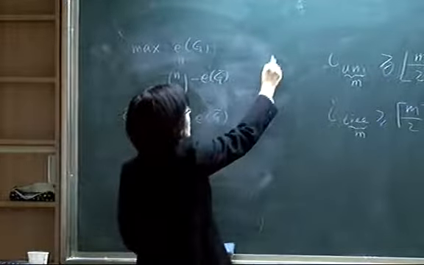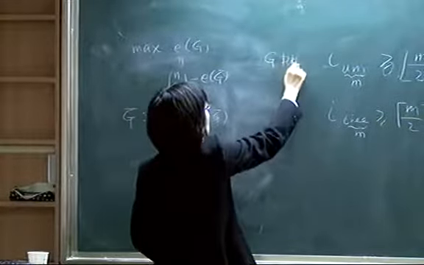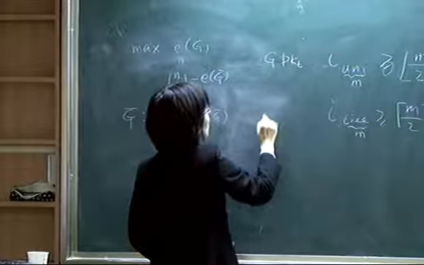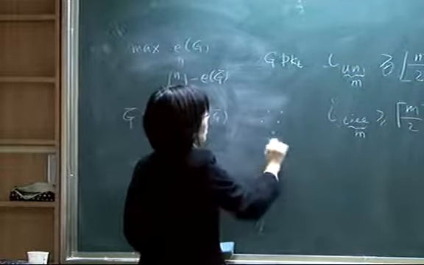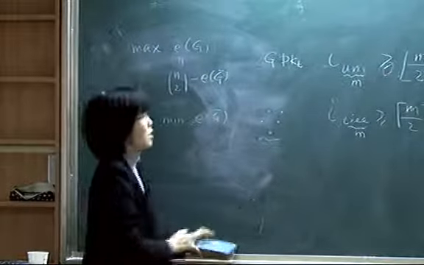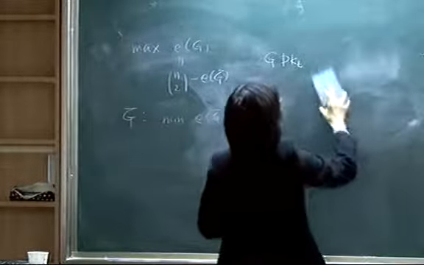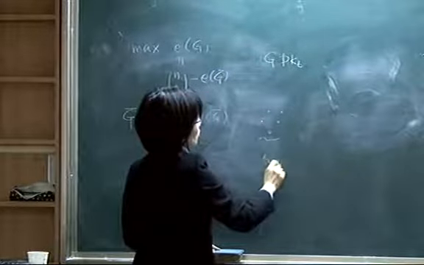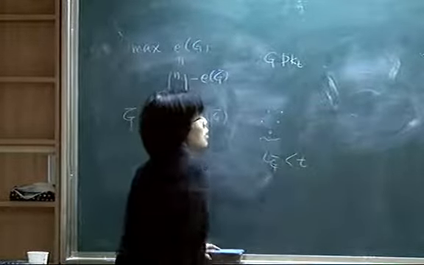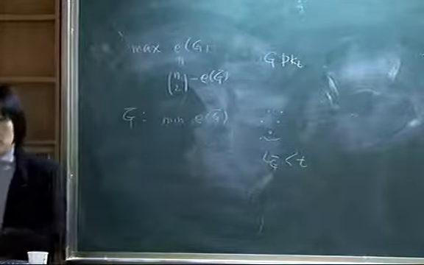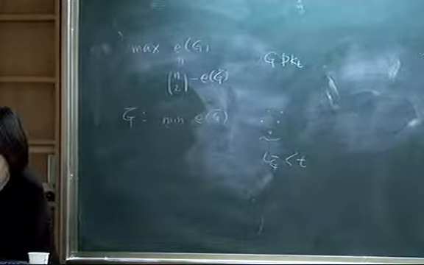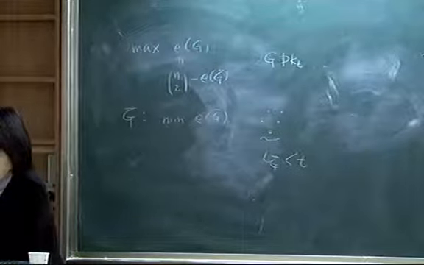If G does not contain K_t, then its complement has no independent set of order t. So the same condition means I(G bar) is less than t. So Turan's problem turns out to be the problem of finding the minimum number of edges of a graph that does not contain an independent set of t vertices. And the answer is like that.